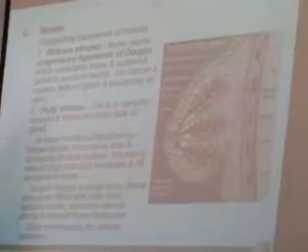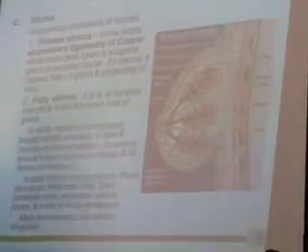So there are a lot of fibrous bands here, which hold the whole gland, and this also divides the gland into lobes and lobules. It confines the glandular tissue into lobes and lobules. The remaining part is a large quantity of fat, which increases during pregnancy, and the glandular tissue also increases during pregnancy and lactation.